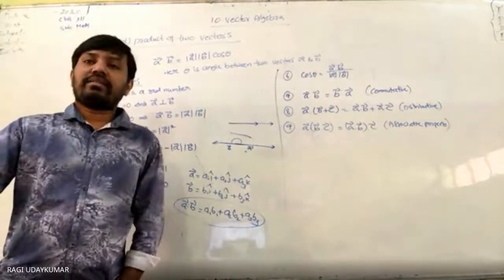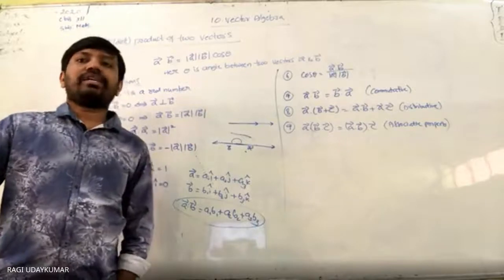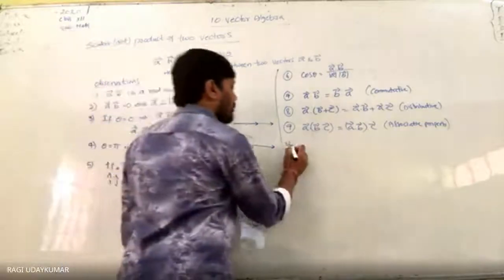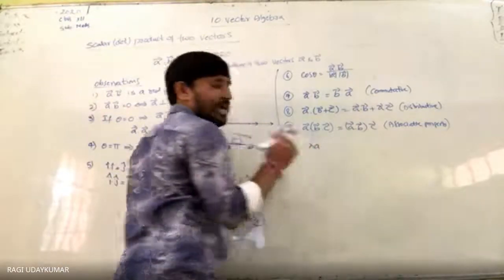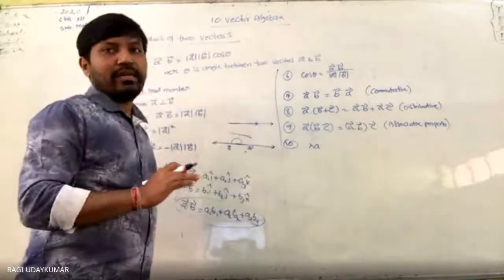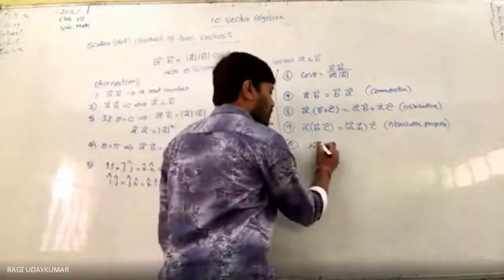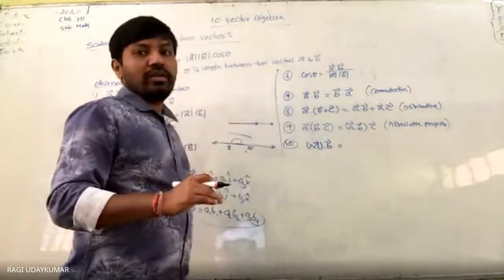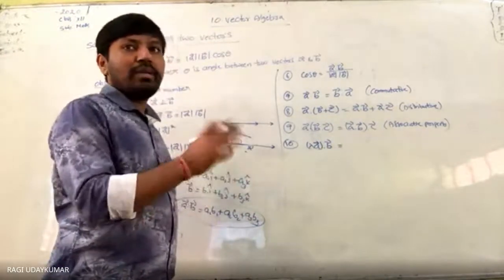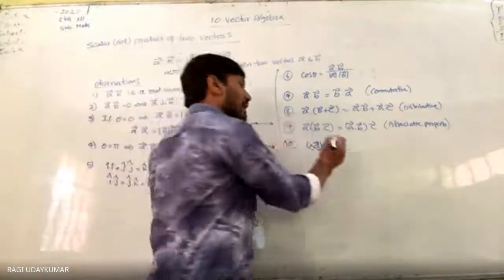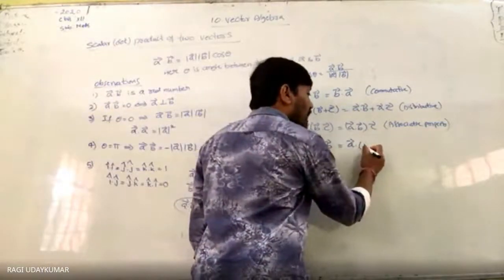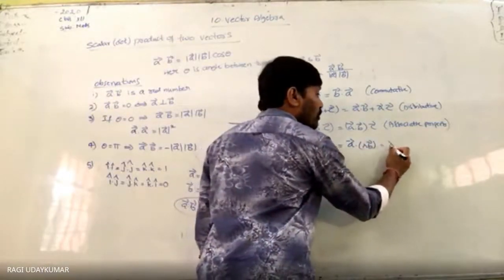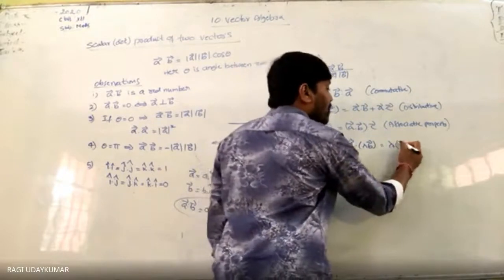When two vectors are taken and any scalar lambda is taken, lambda times A bar dot B bar is equal to A bar dot lambda times B bar, which is equal to lambda times A bar dot B bar.